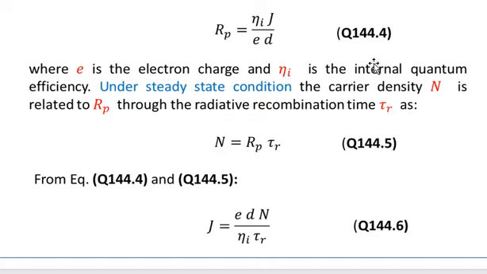So using equations 4 and 5 and eliminating Rp, we get equation number 6, which gives you the current density J is equal to E times D times N divided by eta I times tau R. So this is the relationship that gives the current density in terms of the electron charge, the thickness of the active medium layer, and the concentration of the charge carriers. Eta I is the quantum efficiency, and tau R is the radiative recombination time.